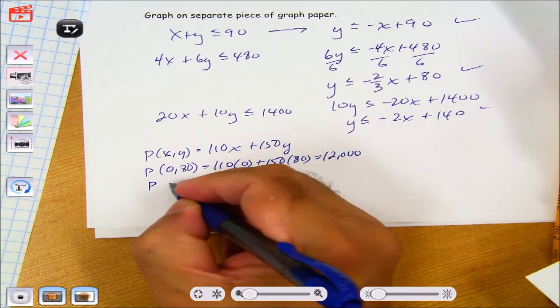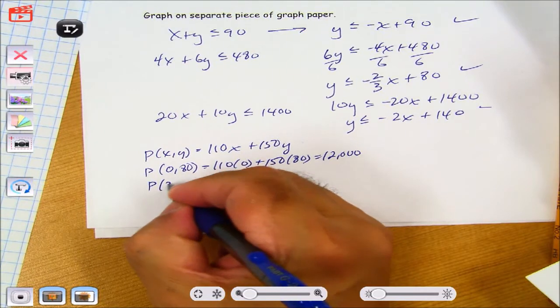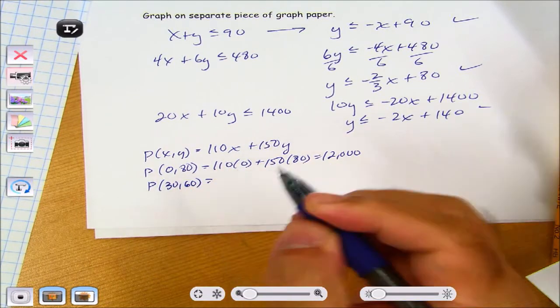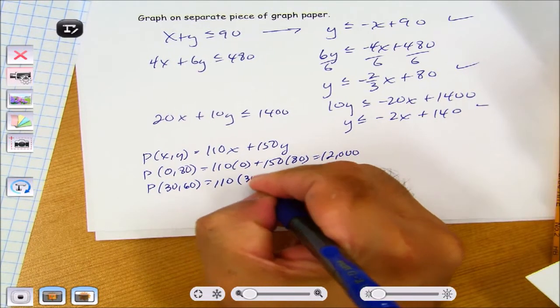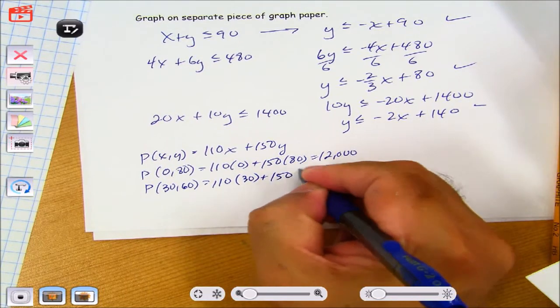And then, what was the next one? 30, 60. 110 times 30 plus 150 times 60.